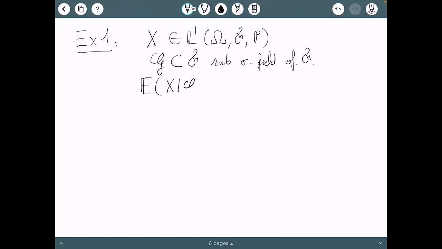When I write this, what is the conditional expectation of X given G?